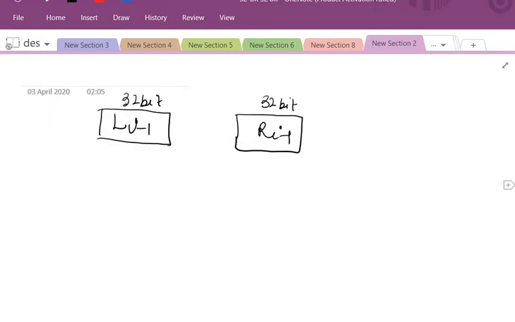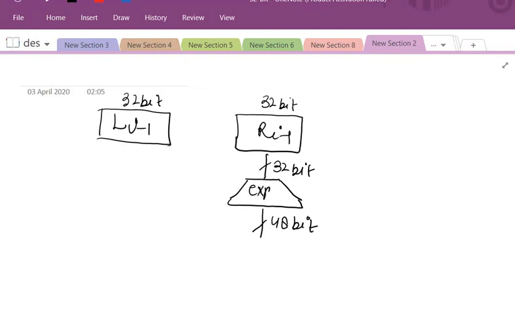So the first one is the expansion p box. In the expansion p box, the 32-bit input will be converted into a 48-bit output. So why do we need this expansion p box? Because we have to expand the bits in order to convert them into the 48-bit form.